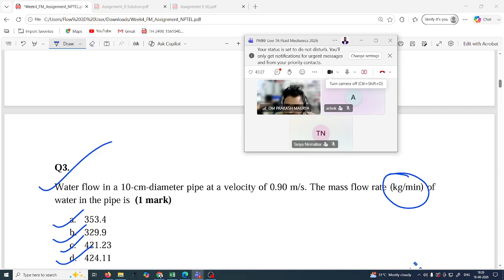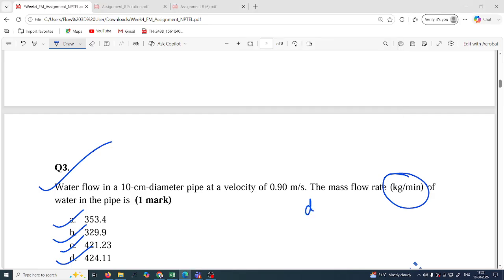Okay, so let me explain. Here you need to calculate the mass flow rate, meaning the change in mass, or mass per unit time. What is mass? Density rho is m by V, so mass is rho into volume.